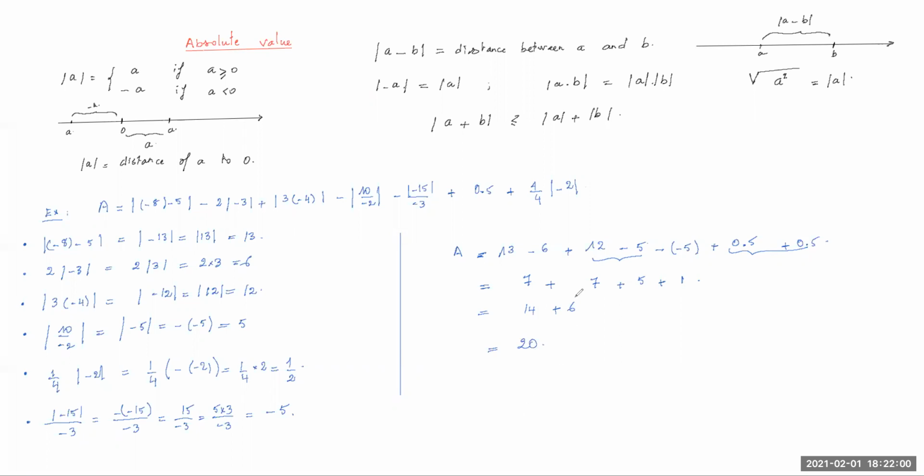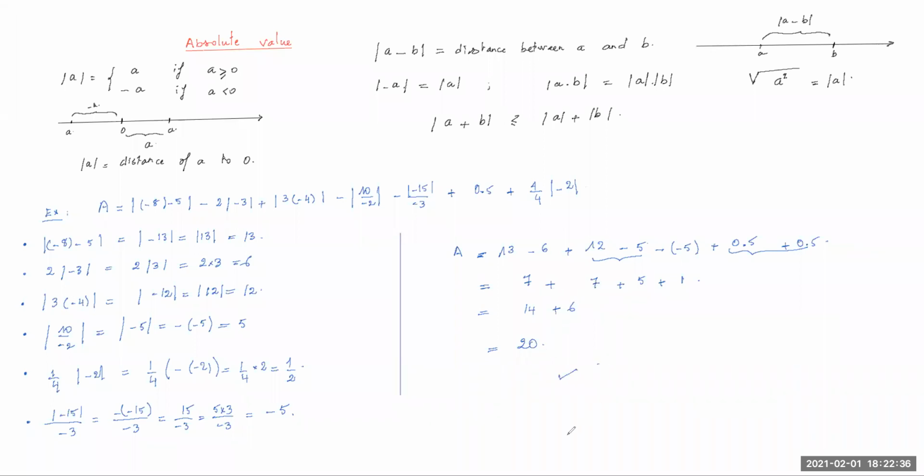If I didn't make a mistake, this is our final answer: 13 minus 6 plus 12 minus 5 plus 5 plus 0.5 plus 0.5. Here 7, here 7, then plus 5 and plus 1. Yes, 6 and 14, so 20.